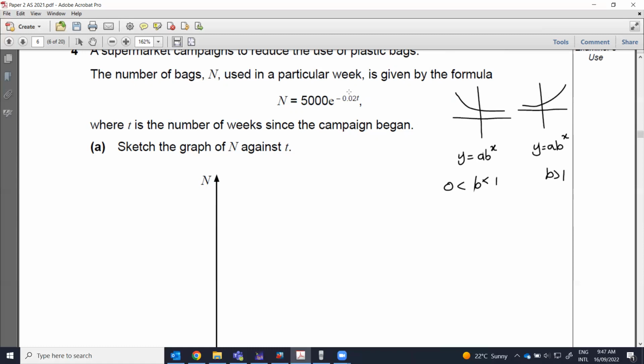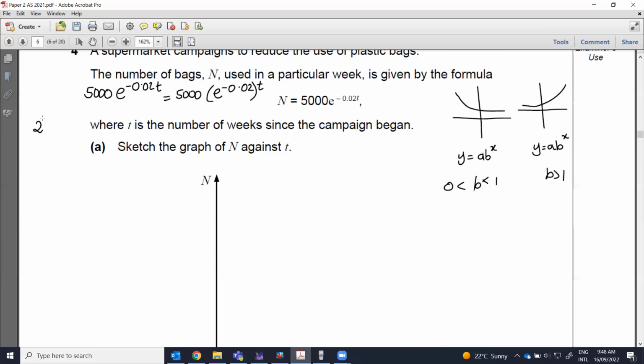Now, if we look at this exponential term here, we have 5,000 e to the power of -0.02t. So I can rewrite this as 5,000 and then e to the power of -0.02, all to the power of t, because we know that laws of exponents, if I have a product, it means it was raised to one exponent and then to another.